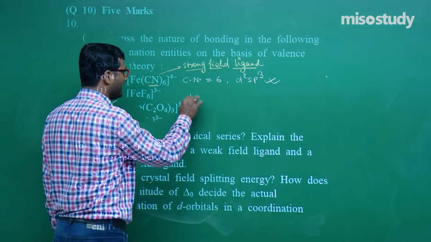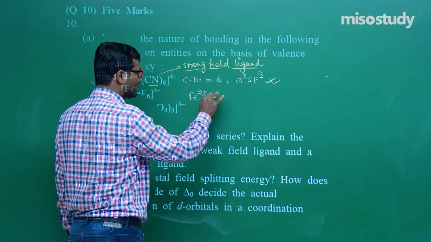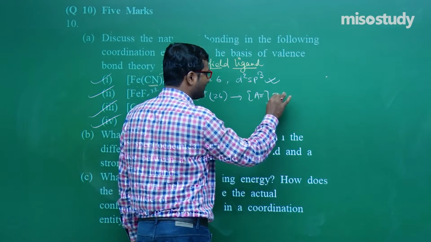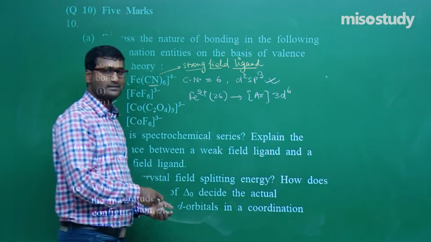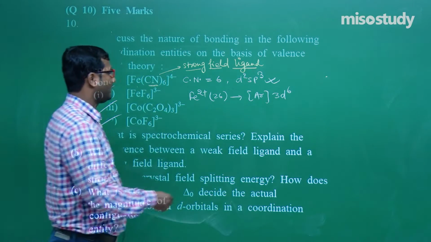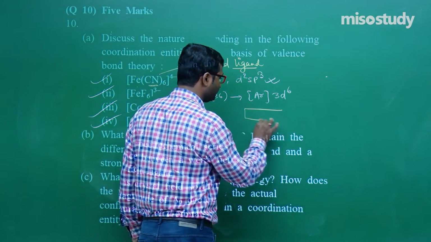Now, iron here is in the +2 oxidation state, and the electronic configuration here is Ar 3d6. Am I right? Yes, Ar 3d6.